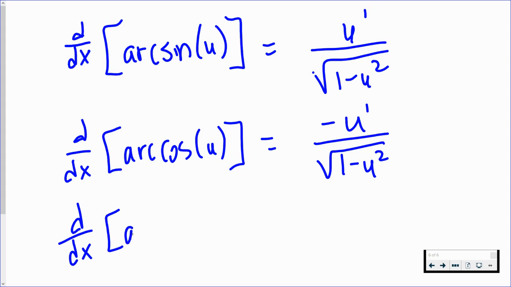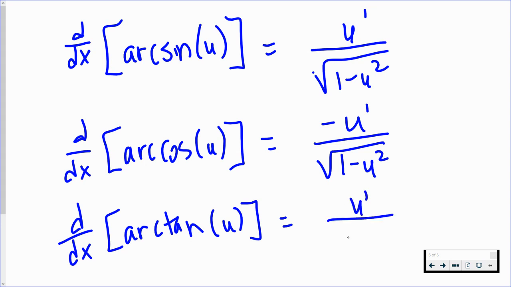Derivative of arc tangent of u, and again, u is some function of x. Derivative of arc tangent of u is u prime over 1 plus u squared. Guys, I will tell you that arc sine and arc tangent are your most frequently used functions.